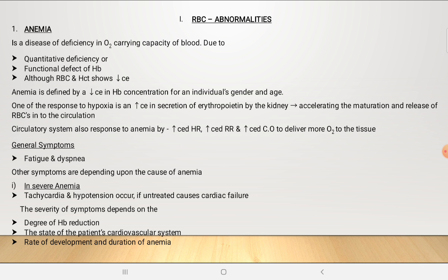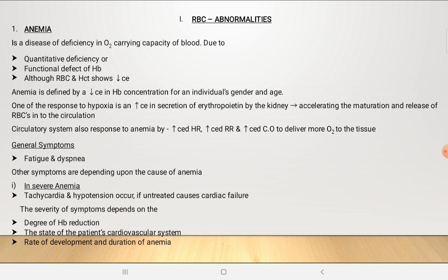The circulatory system also responds to anemia, that is a decrease in hemoglobin content, by an increase in heart rate, an increase in respiratory rate, and increasing your cardiac output to deliver more oxygen to the tissues. In a patient with anemia, the general symptoms will be fatigue and dyspnea.